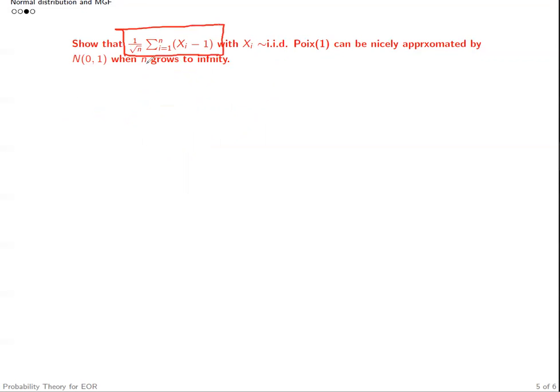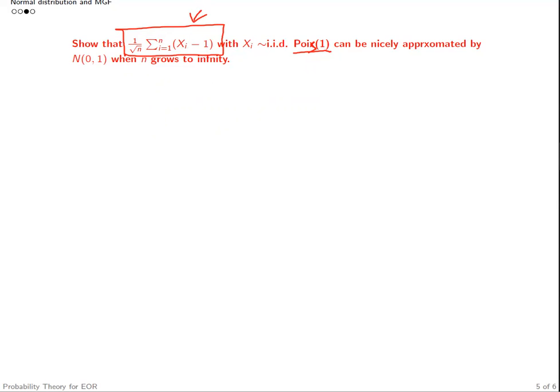What is the distribution of this transformation if the x_i follow an IID Poisson distribution with arrival rate 1? We're going to show that when n is large enough, the distribution of this quantity can be nicely approximated by the standard normal distribution.